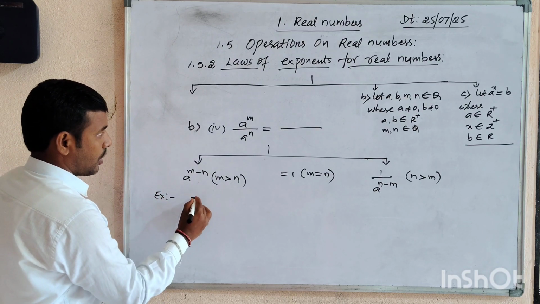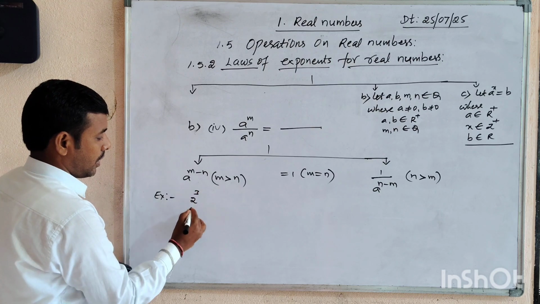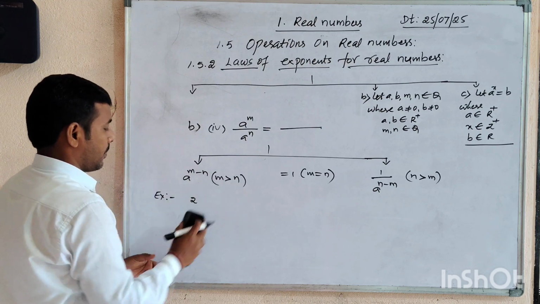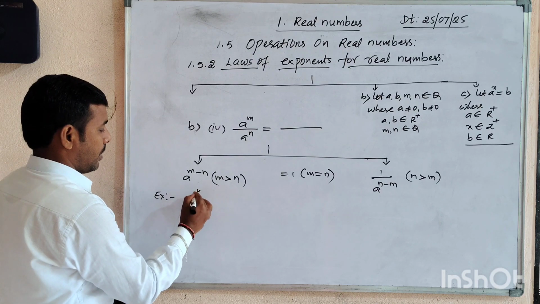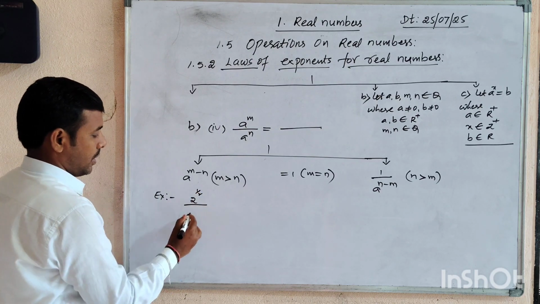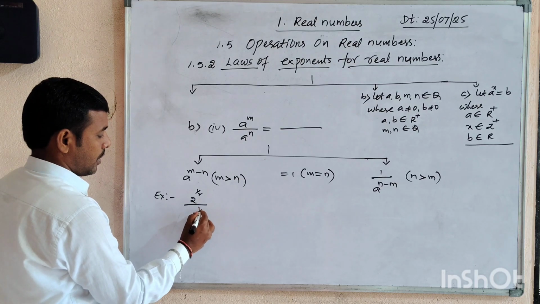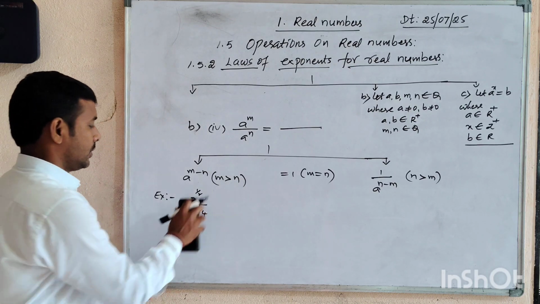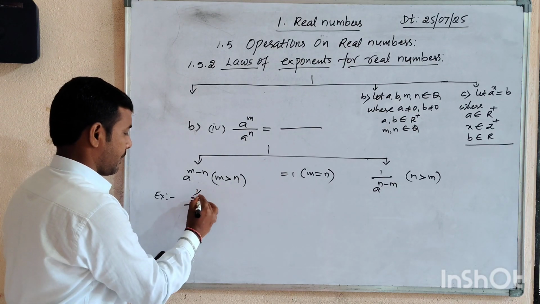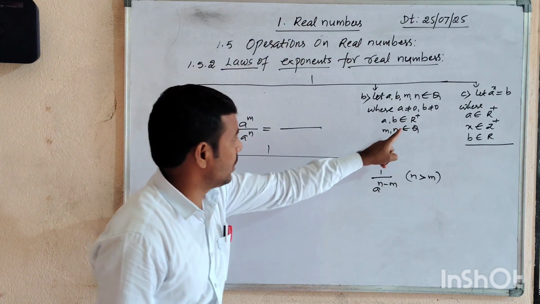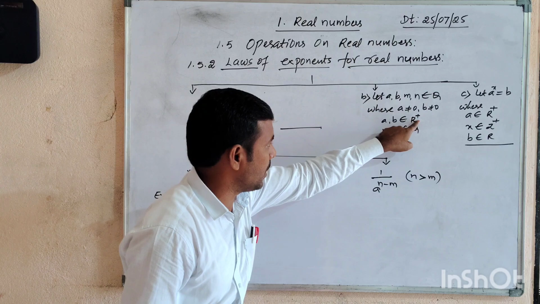Now see the examples. Suppose 2 to the power of 1 by 2 by 2 to the power of 1 by 4. Here 1 by 2 there, here 1 by 4. Based on this rule, bases must be positive real numbers.